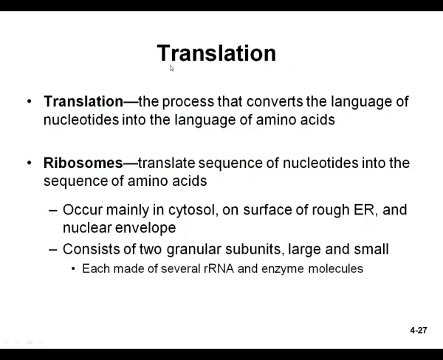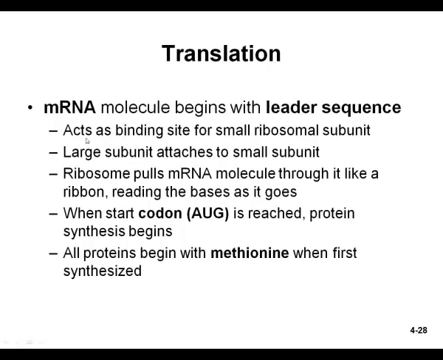Now translation. We talked about transcription, which was making the RNA. Translation is a process where you convert that code on the RNA into the language of amino acids. The ribosomes, which we compared to the cook, will start to read the recipes and start asking for the ingredients. Those ingredients will be carried by a transfer RNA that will bring the amino acids to the ribosome, and therefore the amino acid chain starts building.